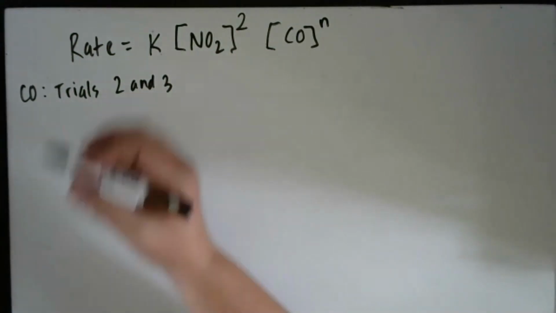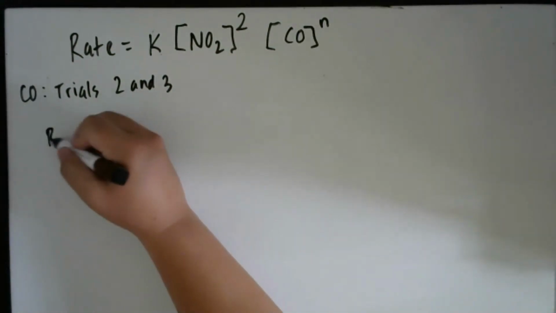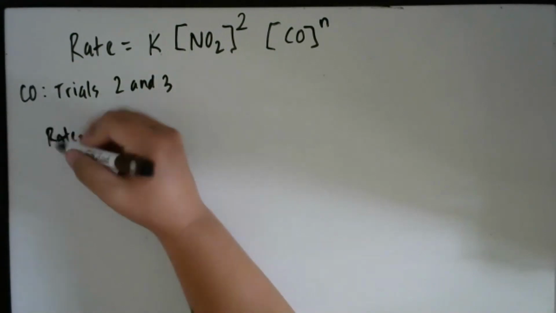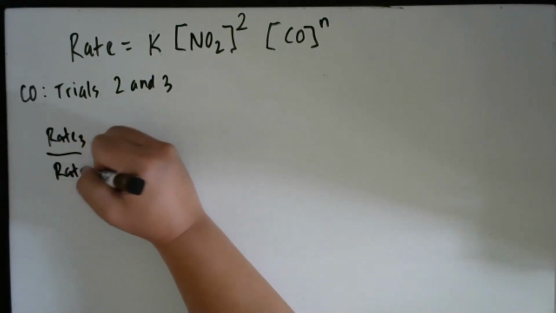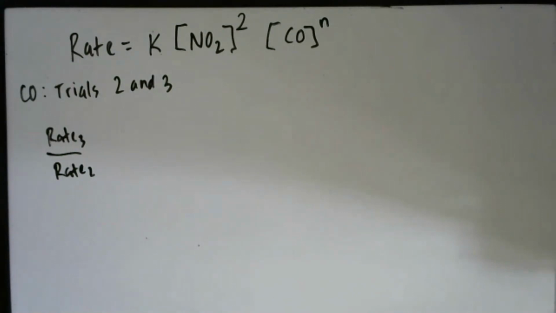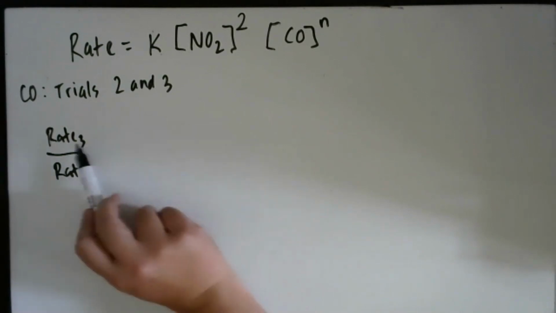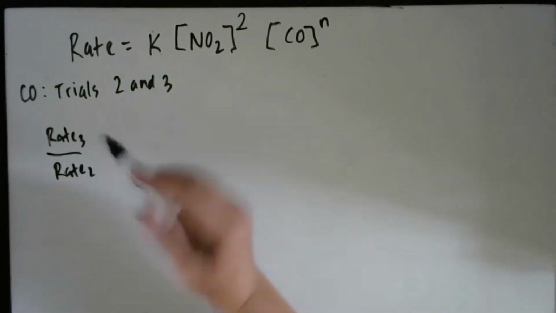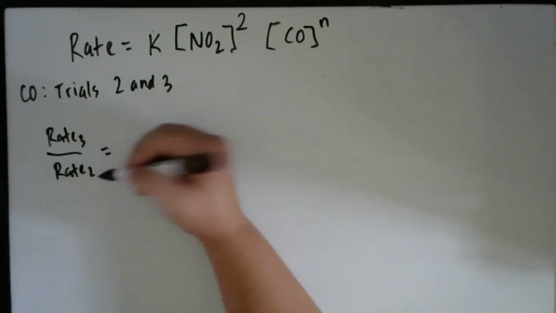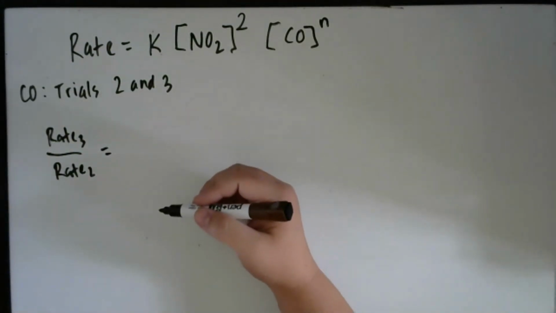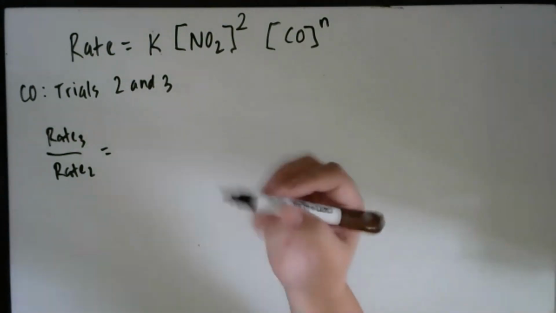Okay, so we're going to do rate 3 over rate 2. I like to put the bigger numbers on the top, so you're going to constantly see me orienting it that way, but again, it doesn't matter, as long as whatever rate is on top corresponds to the concentration values that belong with that trial. Okay, so for rate 3 over rate 2, that is going to be trial 3, 0.20 and 0.20.